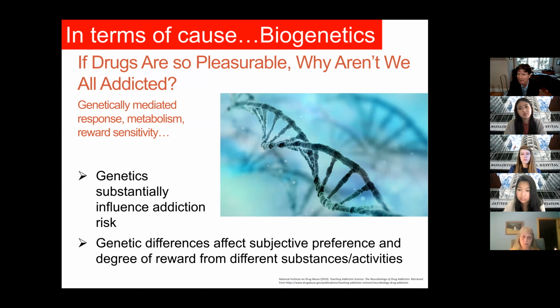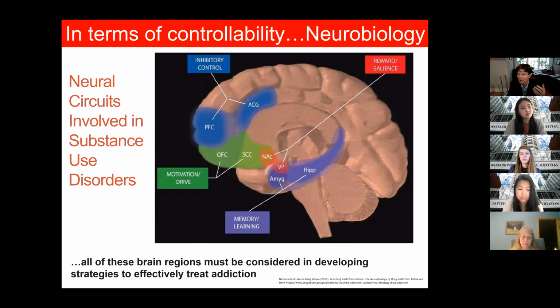We know that about half the risk for addiction is conferred by genetics. So this has helped us understand the nature of the cause and susceptibility to substance use disorders. We've known for a long time that it runs in families. So there are environmental and genetic components which contribute to elevated risk. In terms of controllability, that other dimension, cause and controllability.